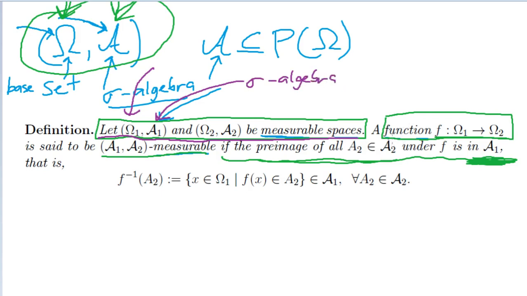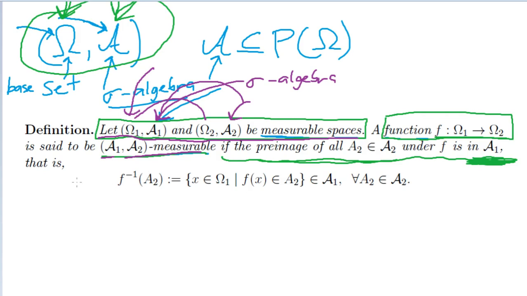And then we have some function between these two sets here, and we say that that is A1, A2 measurable if the pre-image of all of the measurable sets in here under F is inside of A1. And we saw that, at least in those cases we were looking at, this was not in principle difficult to do.